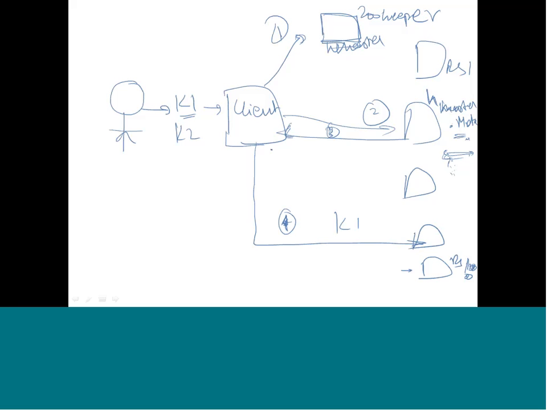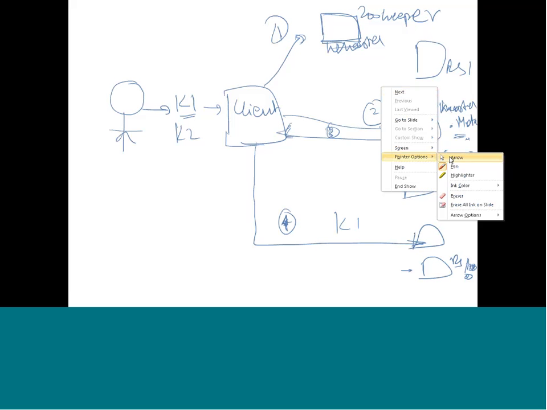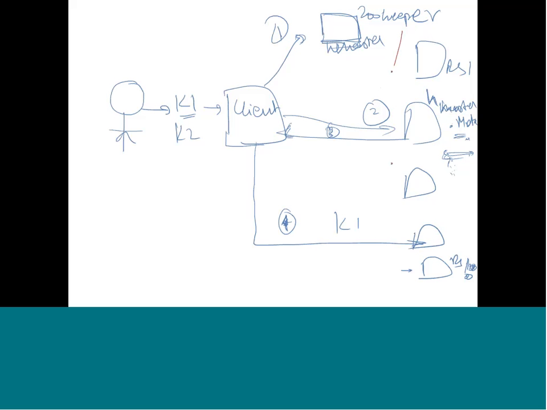if there is a region split happening on this side, then this guy's cache has to be invalidated. Correct? Correct.